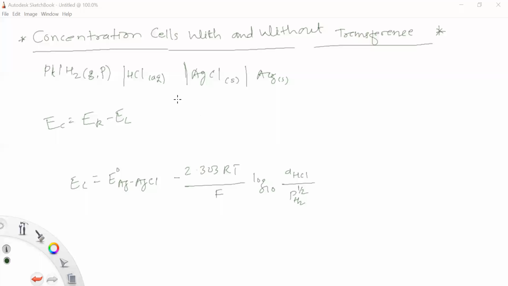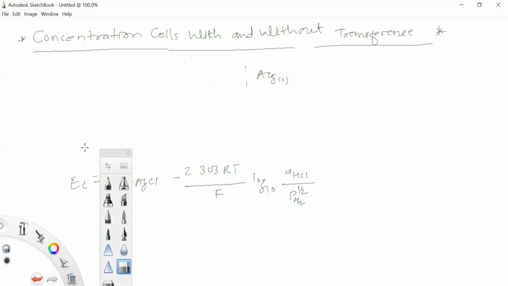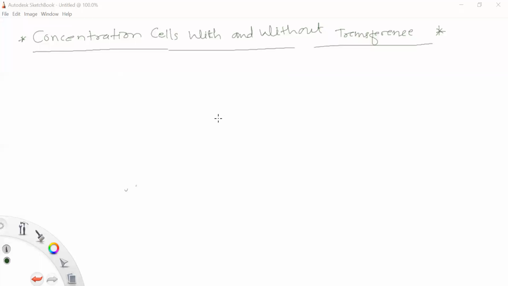Now today we are going to talk about concentration cells, with transference and without transference, both. We can explain them with the help of some examples, right? The EMF of a concentration cell always depends on the transfer of material from one electrode to the other electrode.